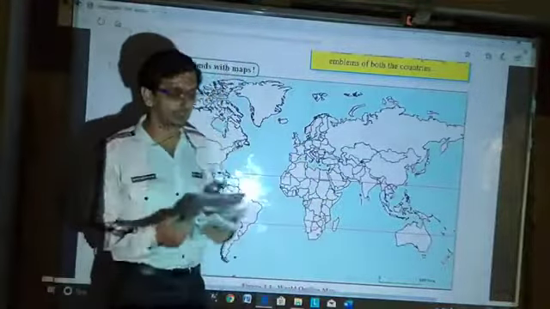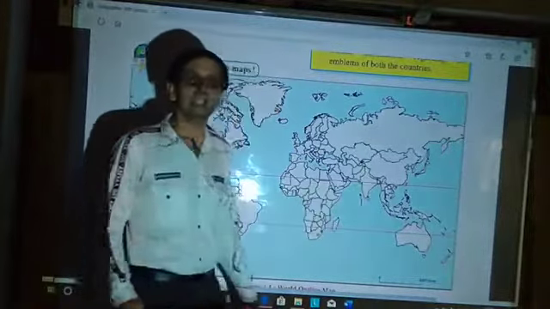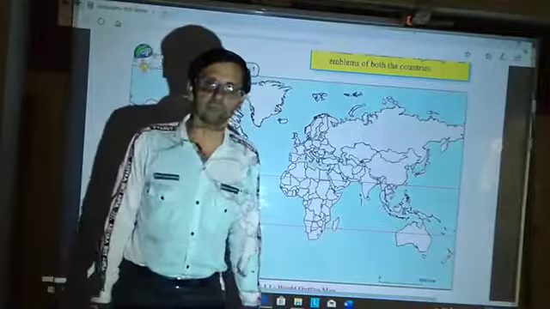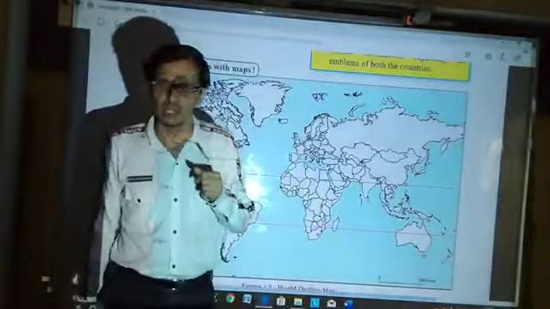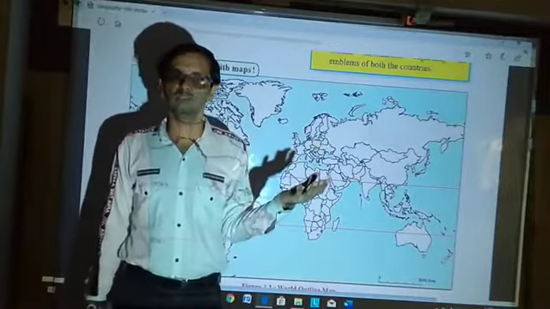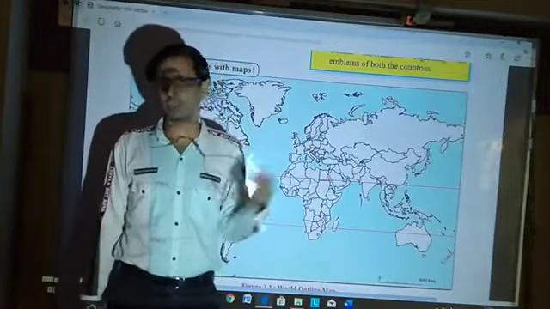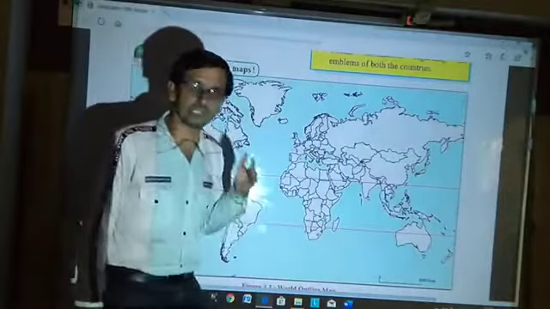That's why, as you can see here, India is located in the northern hemisphere. While most of us say it is the southern hemisphere, or call it South India, or say India is located on the southern side, no, it is located in the northern hemisphere. Why?